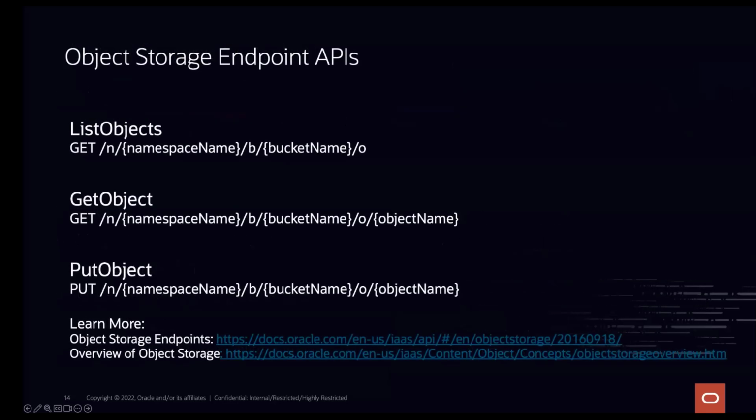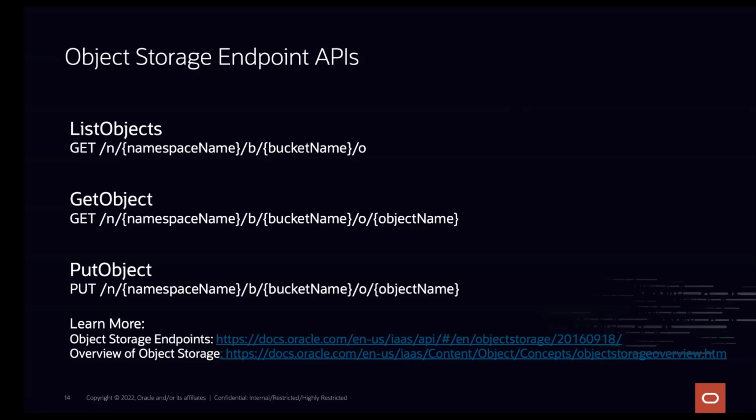The endpoints that we're specifically going to be looking at today, I've listed the main three right here. There is list objects, which returns a list of all the objects inside a particular bucket that we provide. There's get object, which returns a single object; here you can see we're specifying the object name inside of the bucket.